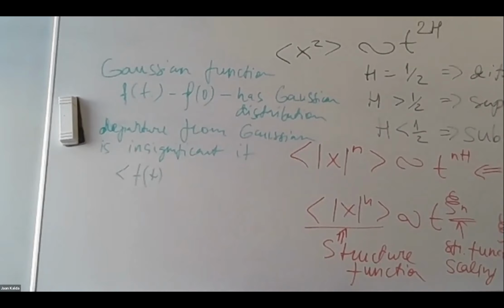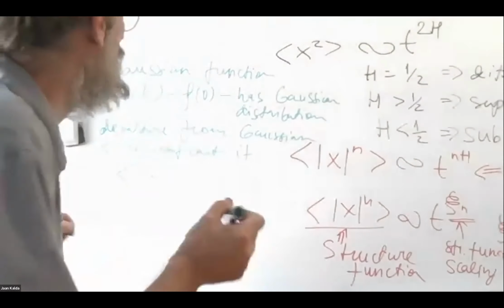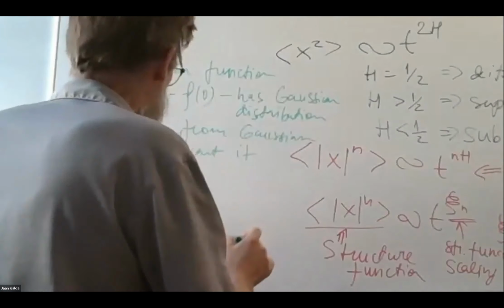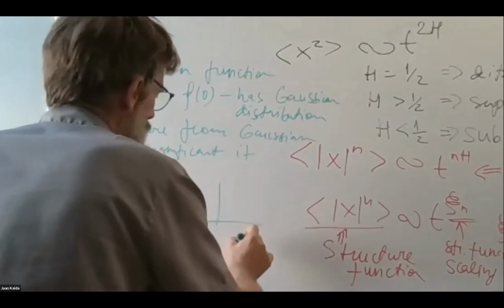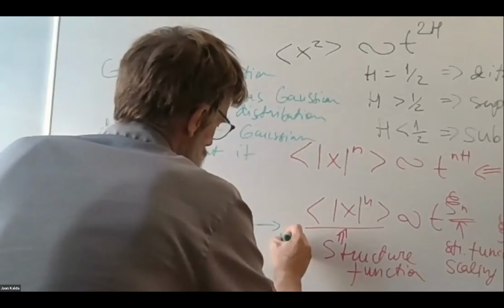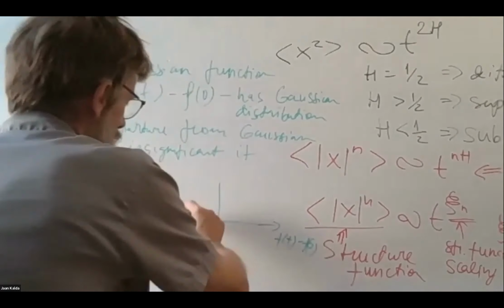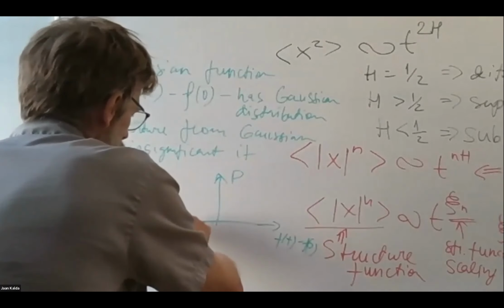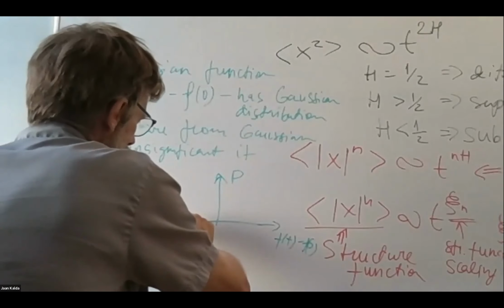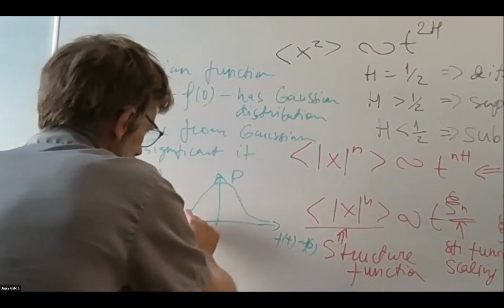To be exactly correct about what I'm writing: we have the horizontal axis f of t minus f0, and then a probability distribution function, and the profile is something like that. Then this is Gauss.